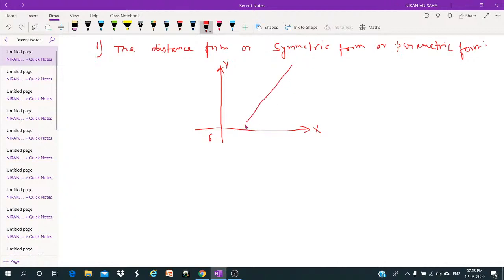Then it makes angle theta in the anti-clockwise direction, and there is any point given, this is P, with coordinates x1, y1.